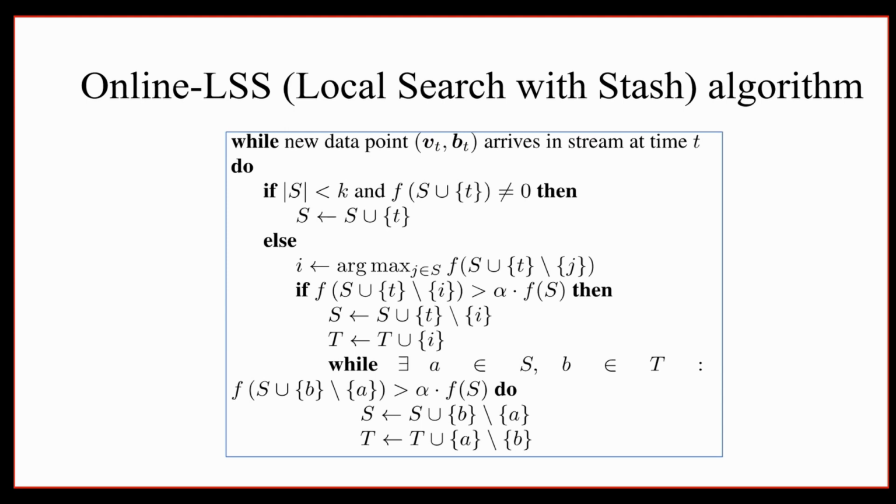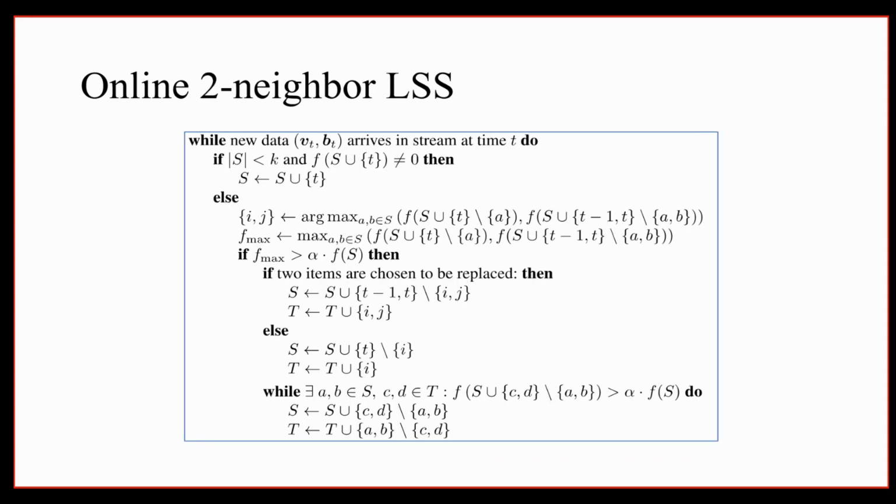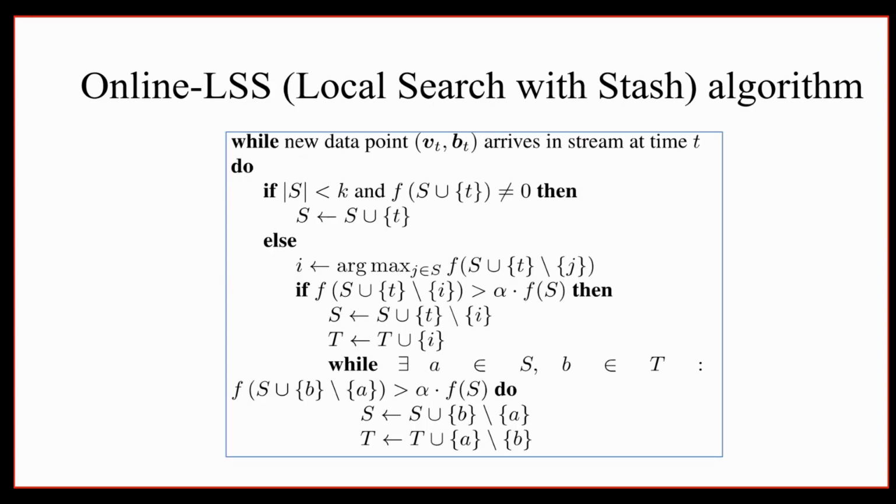Here you are allowing only one-step local search, but then there's a more general two-step local search version. The reason why you are taking that stash is, if there is no stash, you'll just kick an item out because you don't have memory. And it could be the case that that item has some corresponding other item which will increase the value a lot, but you've not seen that till now.